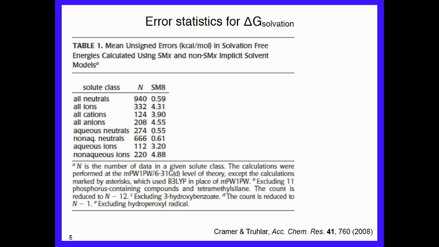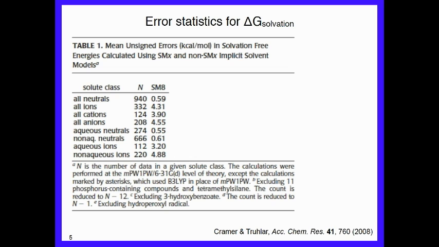You will also notice that the performance for ions is considerably worse, and that is a general feature of continuum solvation models more generally. For one thing, especially in aqueous solution, the solvation energies of charged species are simply much larger than the solvation energies of neutral species, and so a constant fractional error is going to show up as a bigger absolute error if your species is charged.